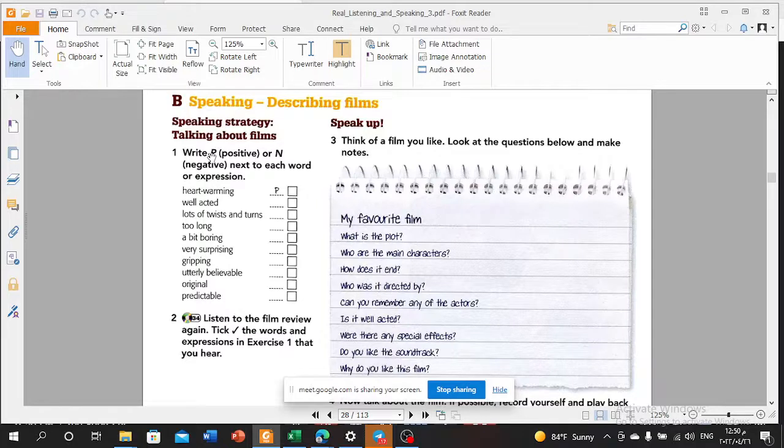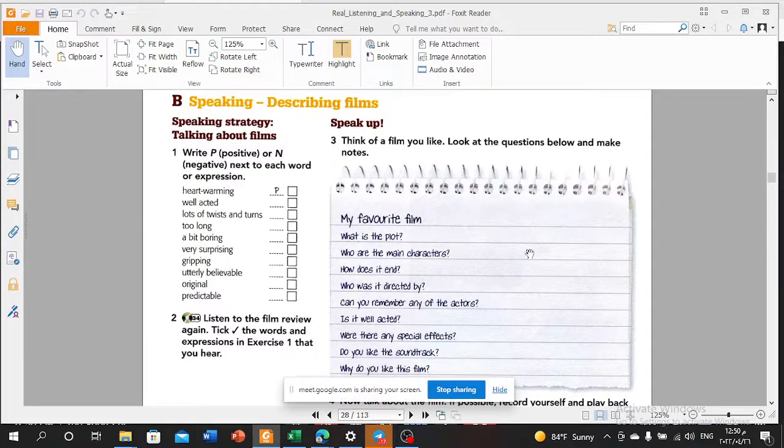Some of them can be considered as positive, and others can be considered as negative. So some of them are positive, some of them are negative. You have to know each one of them, whether they are good or bad in describing a movie or a film.